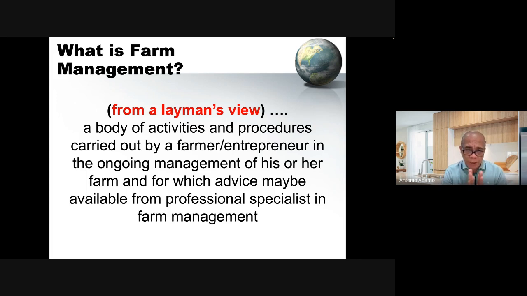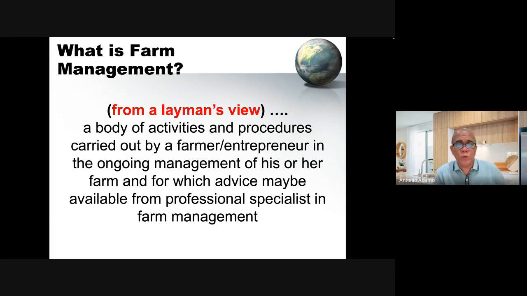Now, what is farm management then? We know that a farm is the smallest physical unit of agricultural production. We therefore would like to address that agricultural production management is actually farm management in essence.